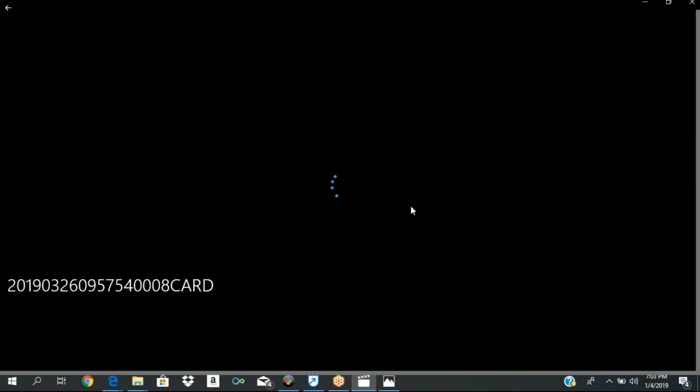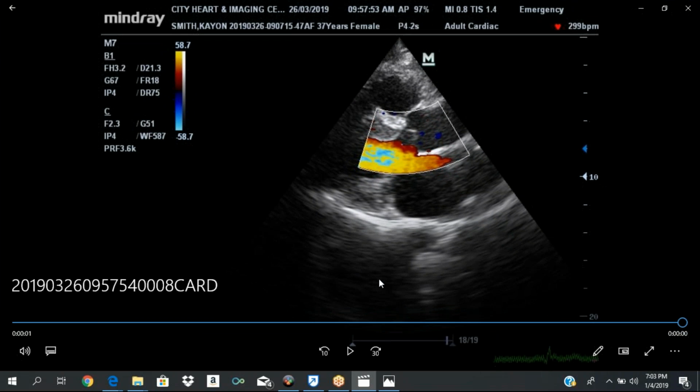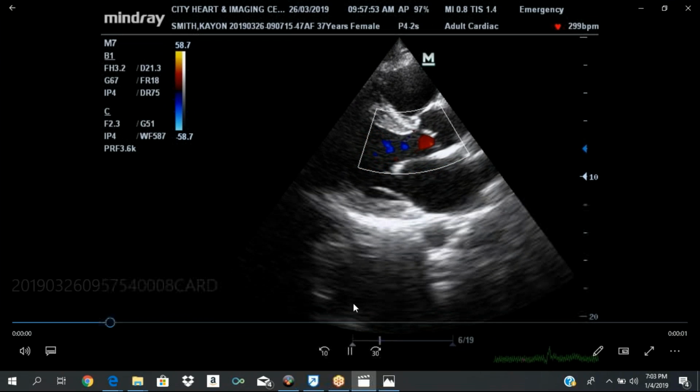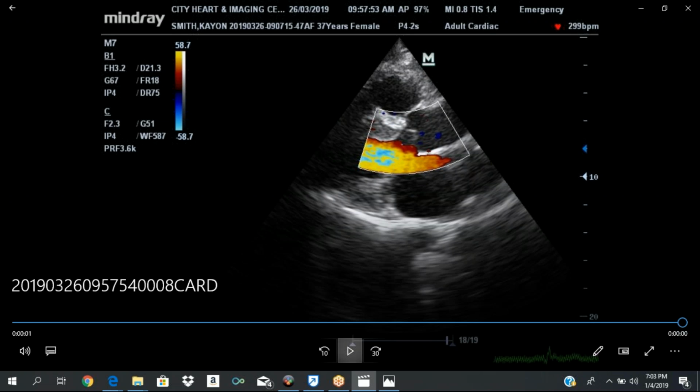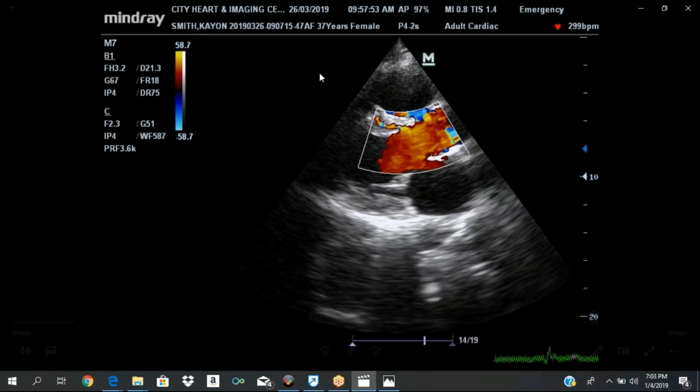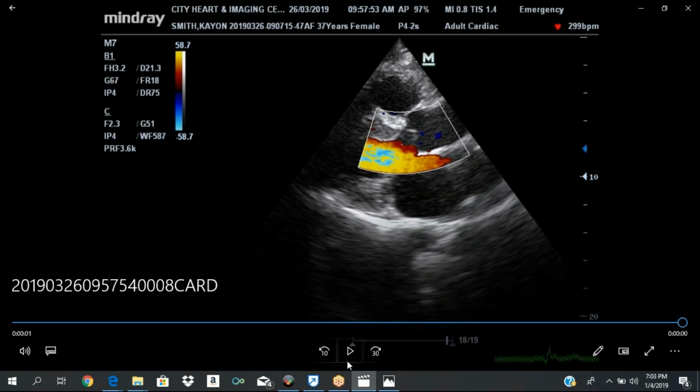All right. So this is again your parasternal long axis, but we're using color flow Doppler. We have not done color flow Doppler with you guys yet, so all we're looking at is just the two-dimensional images. So the septum, posterior wall, your left atrium is right there, mitral valve, anterior mitral leaflet, posterior leaflet, and your aortic valve.